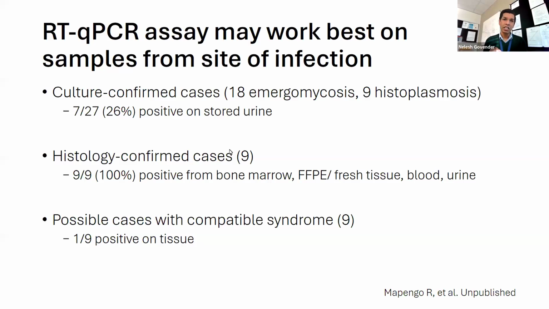When we tested stored urine samples from these patients, most of whom had skin lesions, the sensitivity in urine was only 26%. We didn't have skin tissue to perform the RT-qPCR assay. But when we looked at histology-confirmed cases where we did have the tissue, the sensitivity was 100%.